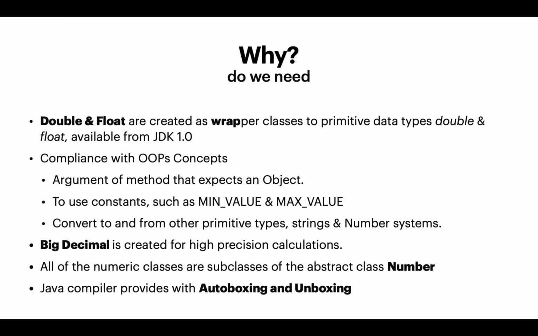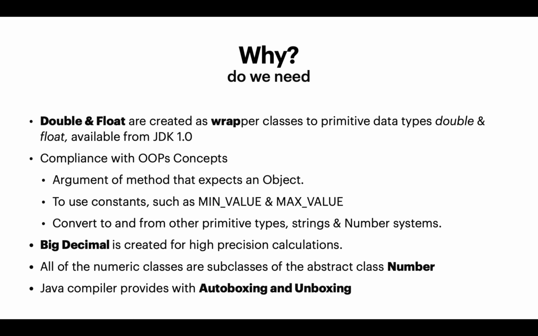All of the numeric classes are subclasses of the abstract class Number. Although in the documentation we see only 8 classes, BigDecimal, BigInteger, AtomicLong, and AtomicInteger are also direct subclasses of Number, but they haven't shown it there.